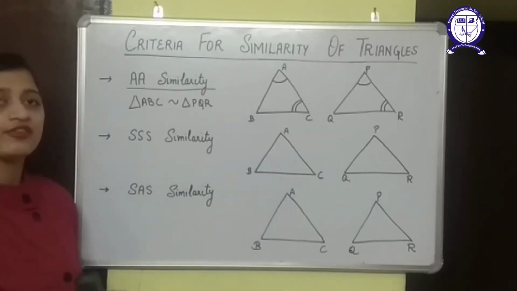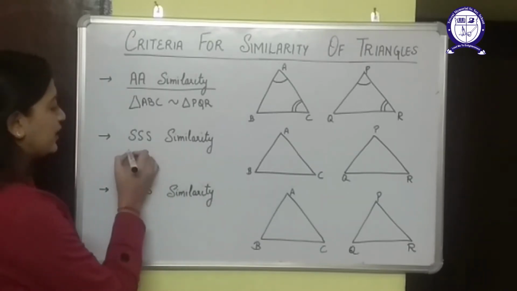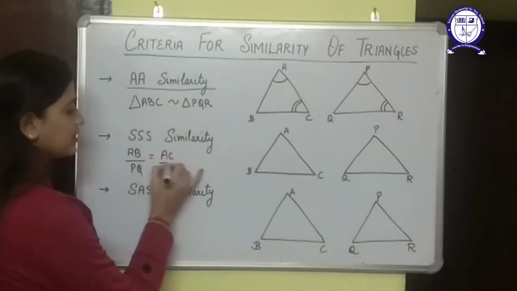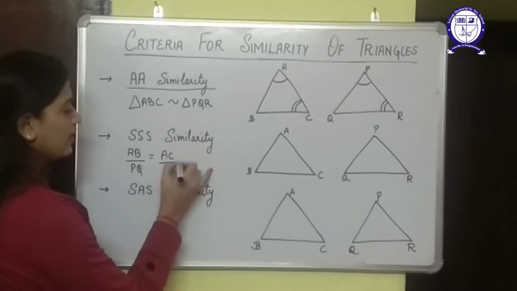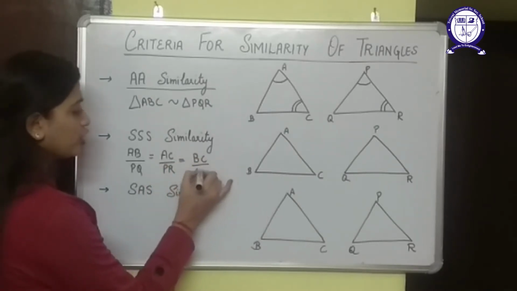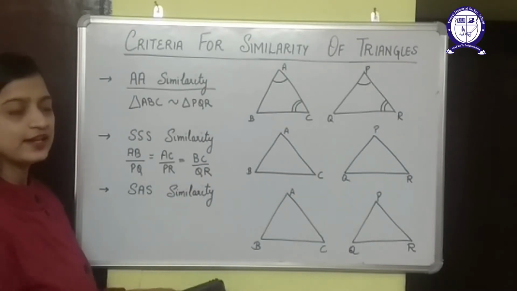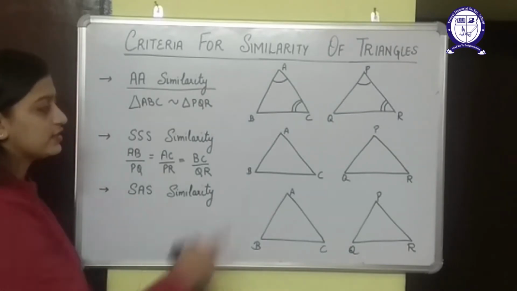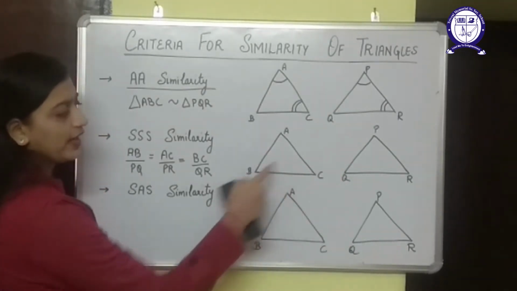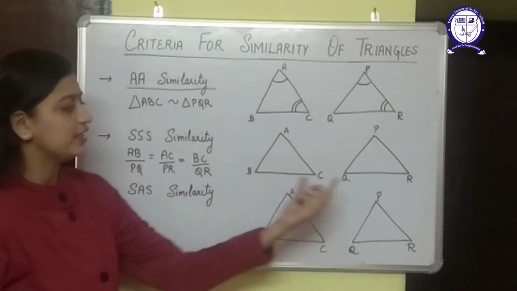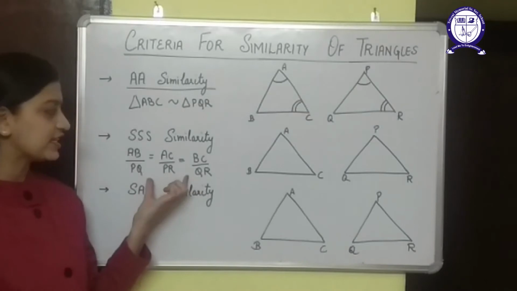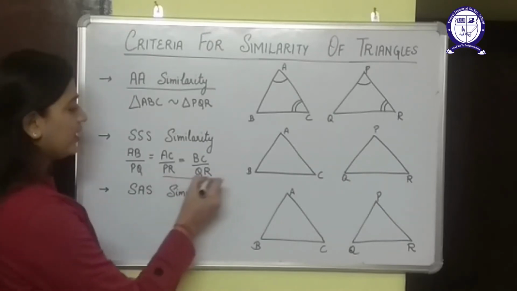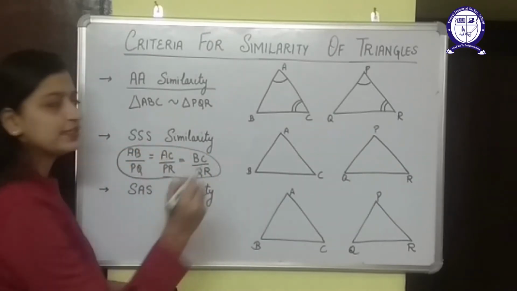So if in any triangle we have something like this, AB upon PQ is equal to AC upon PR equal to BC upon QR, that is, the 3 sides of this triangle are proportional to the 3 sides of this triangle, and if we have this condition in any question, we will say that the triangles are similar by side similarity.